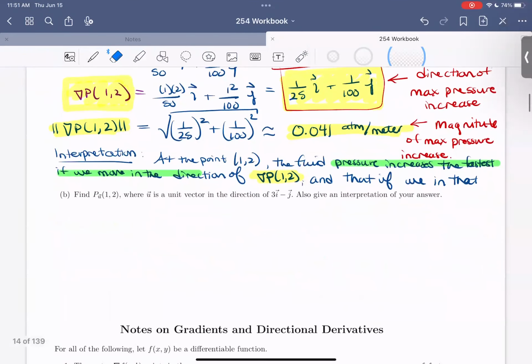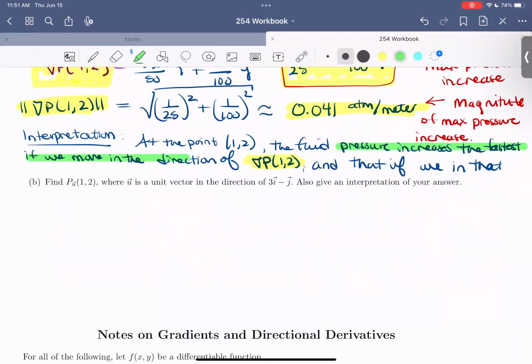So for part B, we're asked to find the directional derivative at (1, 2) in the direction of u, where u is a unit vector in the direction of the vector 3i minus j. We also want to give an interpretation of our answer. First we need to compute u. We start with our vector 3i minus j and divide by its length, the square root of 3 squared plus negative 1 squared.